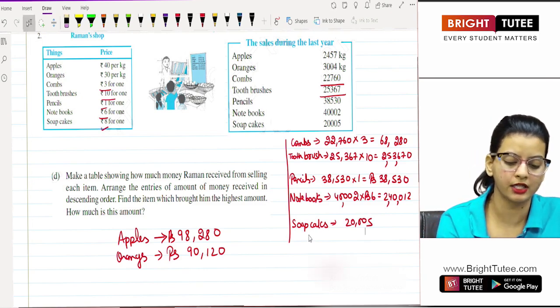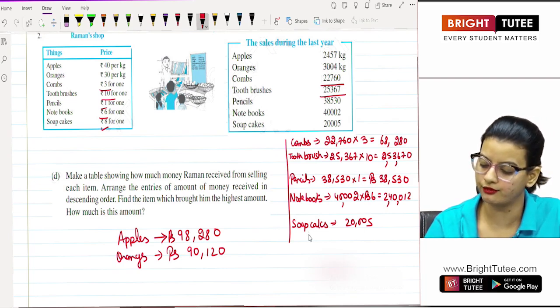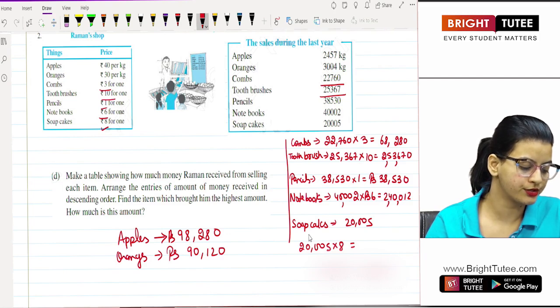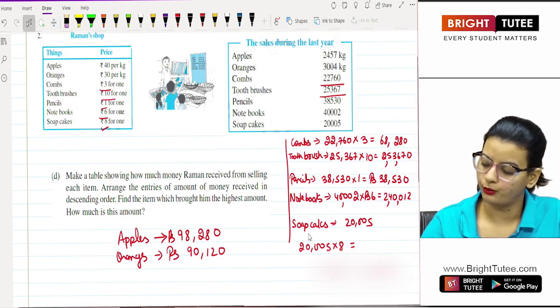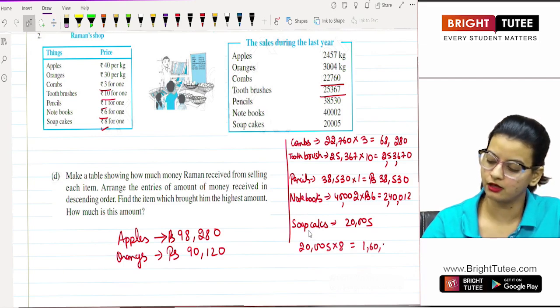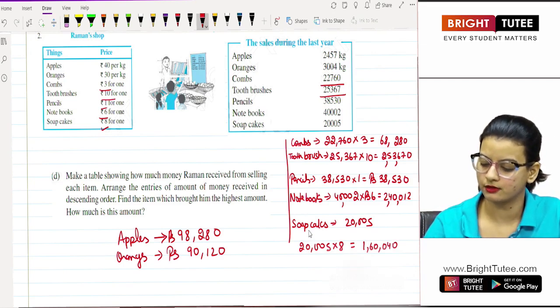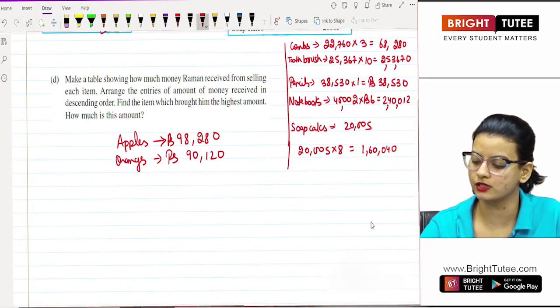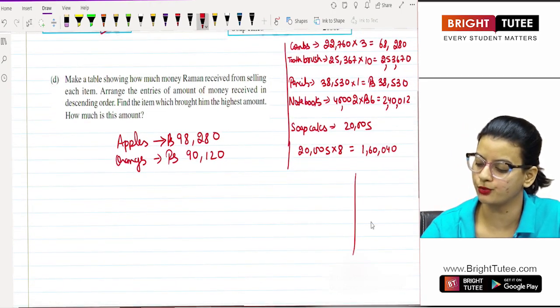He sold 20,005 soap cakes, and he got rupees 8 for each soap cake. So 20,005 into 8 is equal to 1,60,040 rupees. You want me to do the calculation? We can do the calculation for the last one.